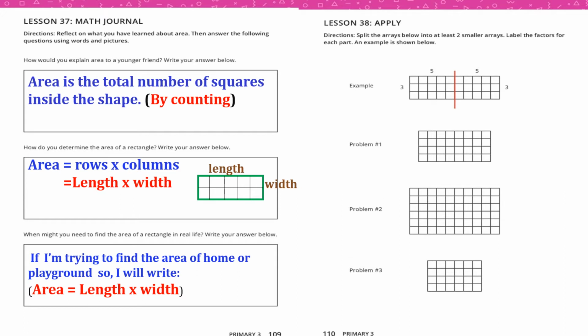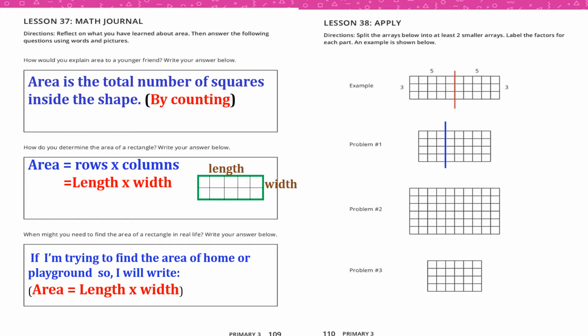So we will have 3 times 5 and 3 times 5. 3 times 5 equals 15 and 3 times 5 equals 15. 15 plus 15 is 30. It's the same as if we multiplied 10 columns by 3 rows. 10 times 3 equals 30.